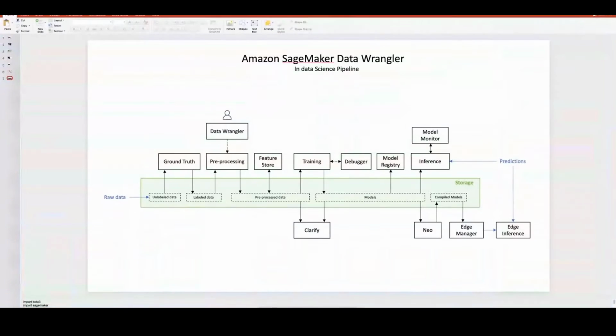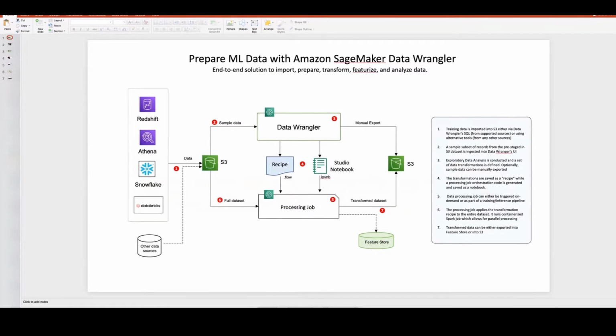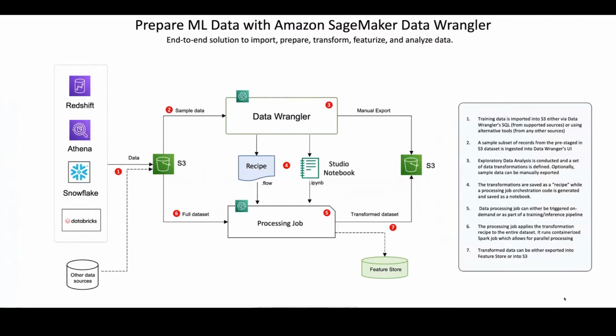In fact, let me come back to my slides here. And this would be a good time to describe the Data Wrangler paradigm. So again, on this architectural diagram, we are here in the Data Wrangler. We brought in our data set from other sources.